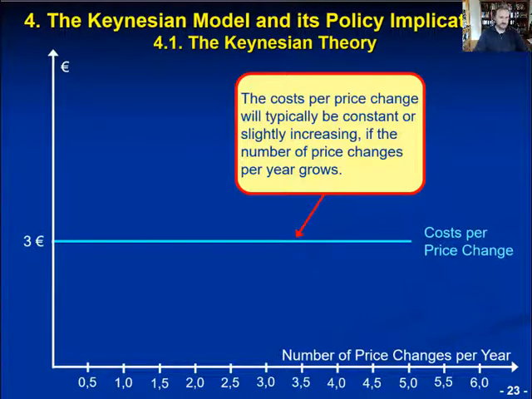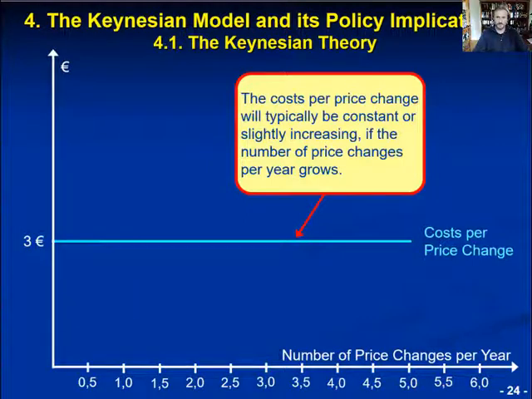So, for example, if a company changes prices only 1 time per year, in this example the costs would be equal to 3 euro. So this area here represents the costs of one price change, the number of price changes times the price of a price change.